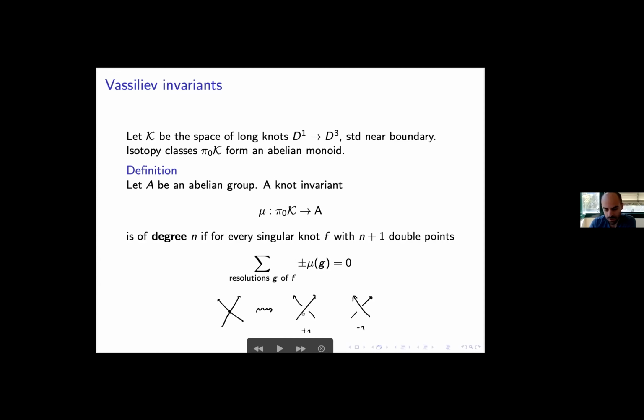So you take the product of the signs corresponding to each double point, whether you resolve it one way or the other, and you take the sum of all of these, and that should be 0. You should think of this as an invariant which is sort of a polynomial of degree n. So for singular knots with n+1 double points, if you resolve in all possible ways, you get 0.